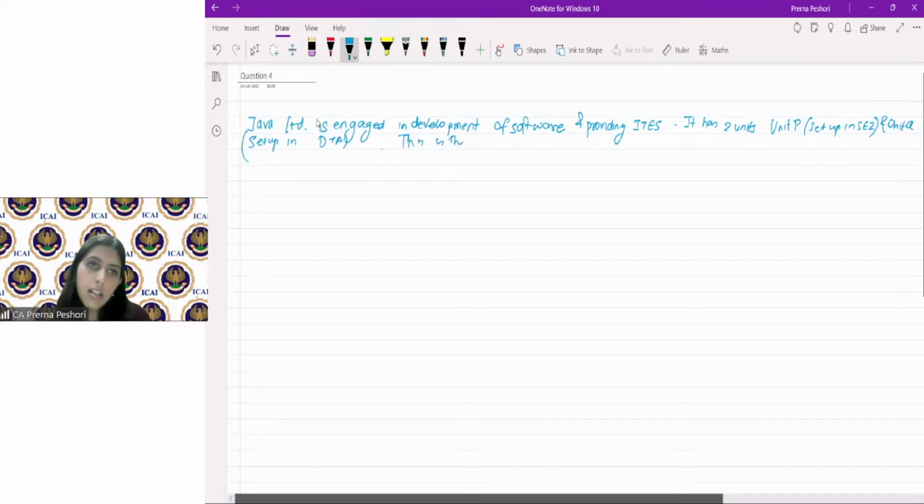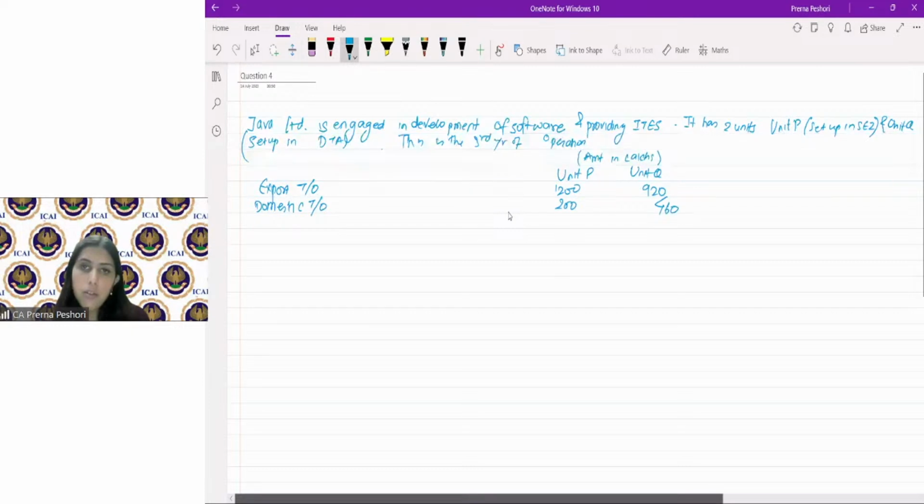This is the third year of operation. Export turnover of Unit P and Unit Q. The amount is in lakhs. 1,200, 920. Domestic turnover 200 and 460.